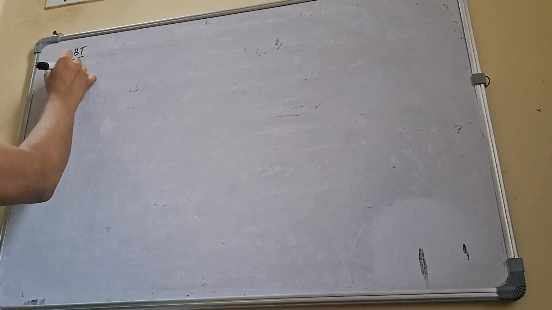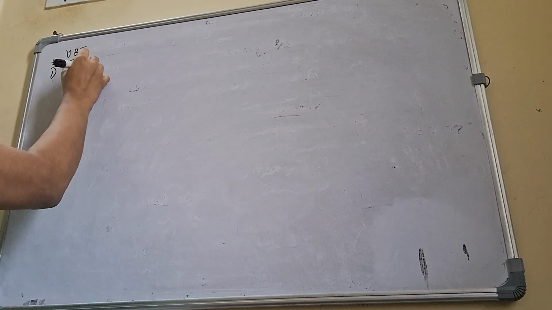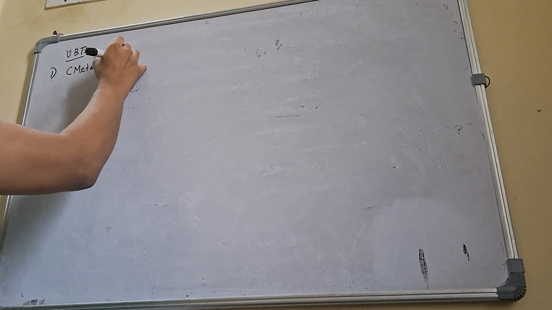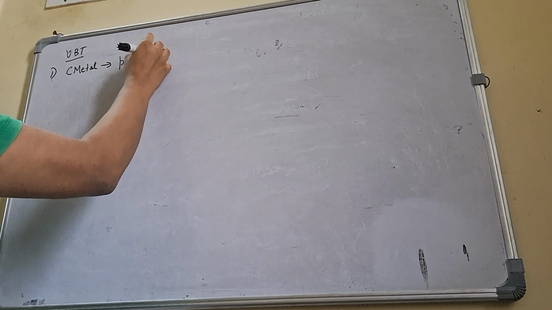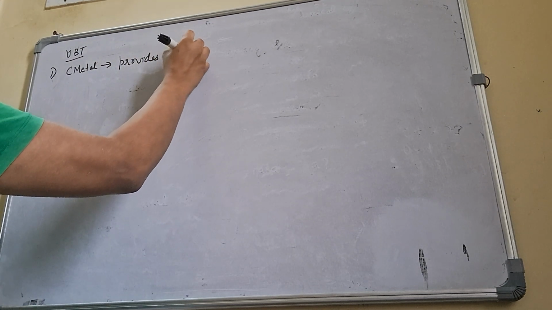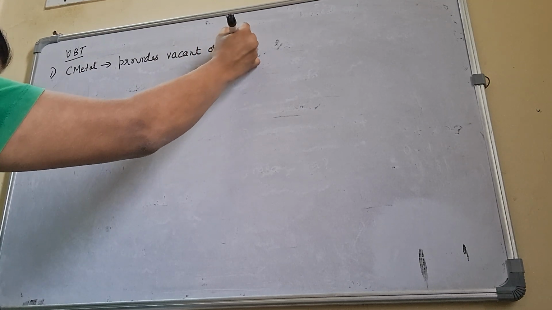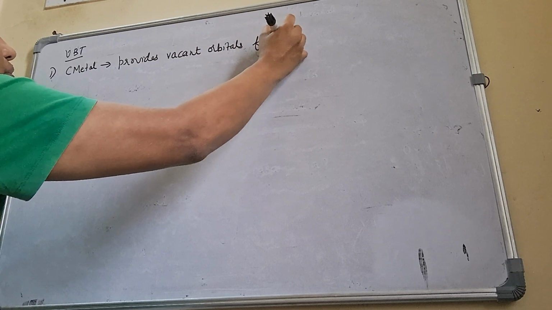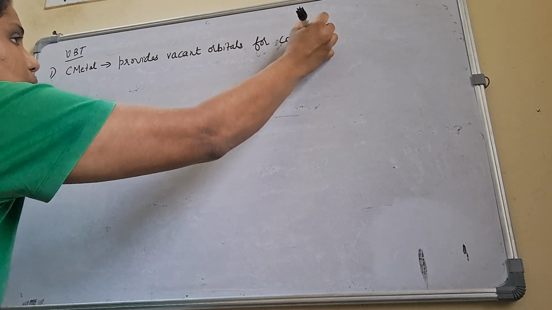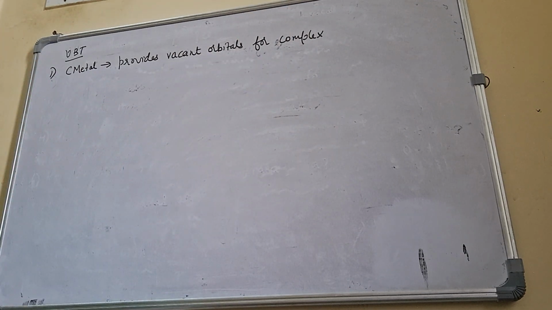The first one is you have the central metal atom. The central metal atom provides vacant orbitals for the formation of complexes. Okay, see what is actually happening.